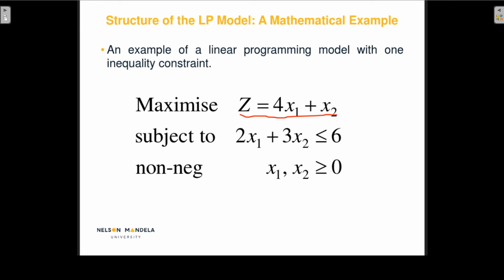You will remember from our first lecture that we plotted the function 2x1 plus 3x2 equal to 6. Now we are working with an inequality, less than or equal to 6. So how would we represent that on a graph? I'm going to go back to that drawing from our previous lecture.